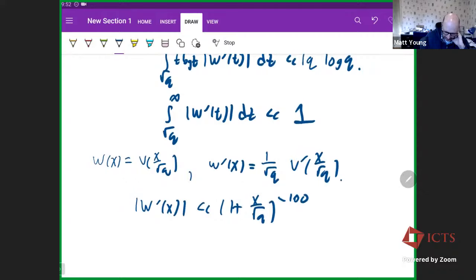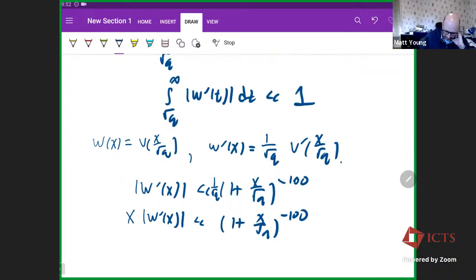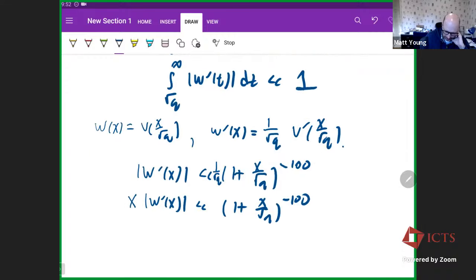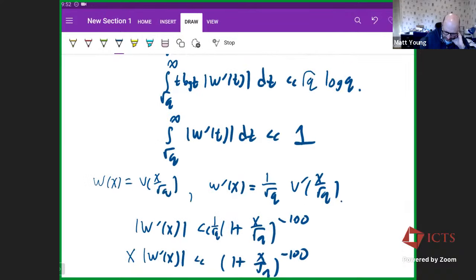We'll have x times w prime of x, which is also bounded by 1 plus x over root q to the minus 100. Also, the first one is 1 over root q. I forgot the root q. So for example, the first one is actually small.